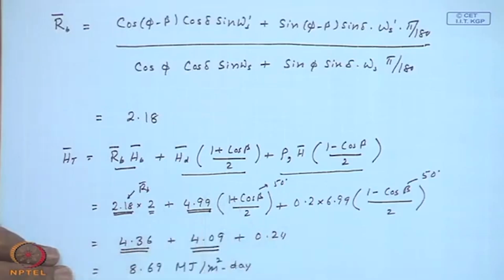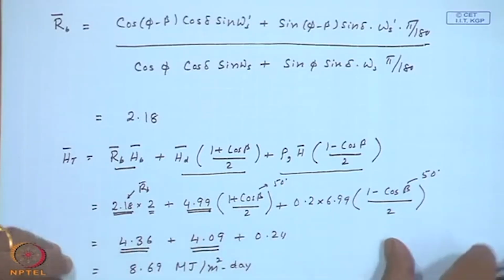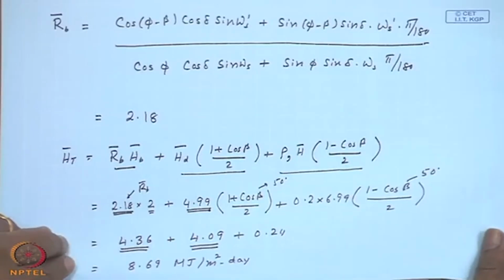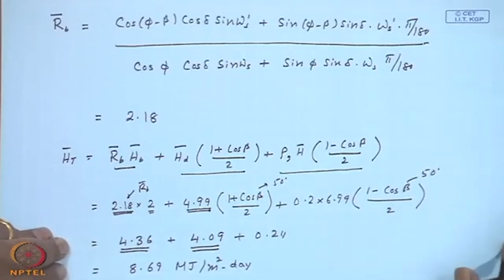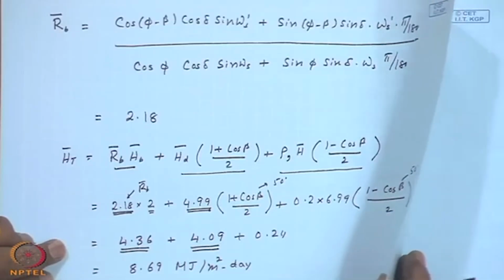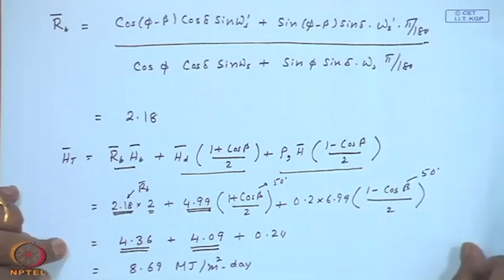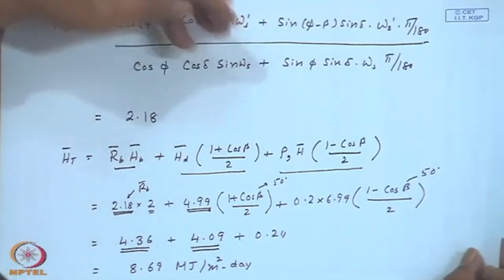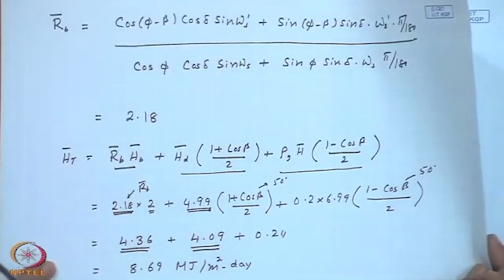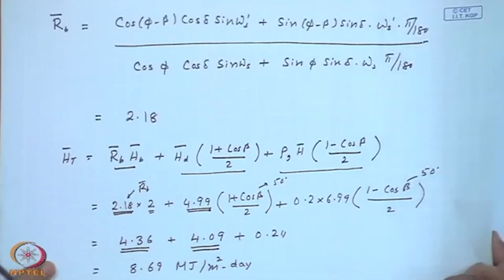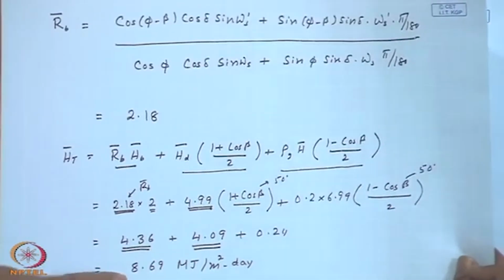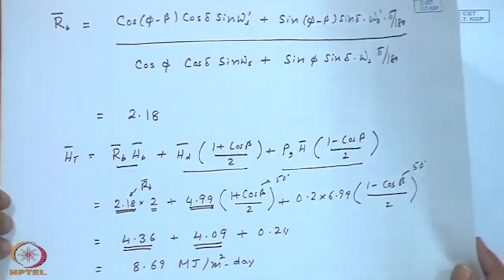This also shows the expected utility of a flat plate collector, that it accepts the diffuse radiation, and it is almost a 50-50% contribution in this H T bar for flat plate collectors. This is a winter month, the diffuse fraction is high, diffuse radiation relative to the global radiation is almost 70%, 65%, but still the solar radiation on the collector is 8.69 megajoules per meter square day.